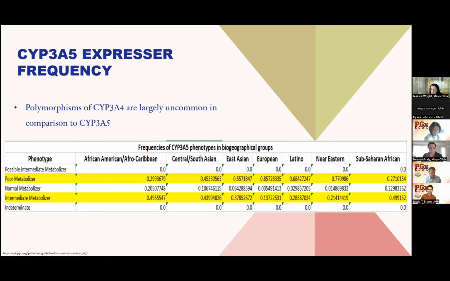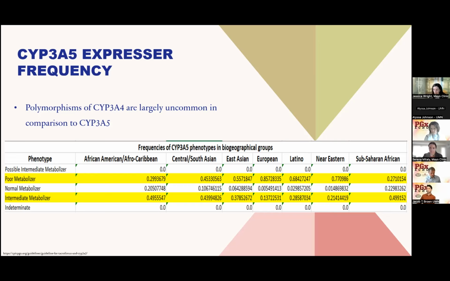In this percentage, you can see, for example, in the African American / Afro-Caribbean biogeographical group, you have around 30% of patients who are poor metabolizers, about 21% are normal metabolizers, and about 50% are intermediate metabolizers. So overall, you have more patients who express CYP3A5 than who don't.